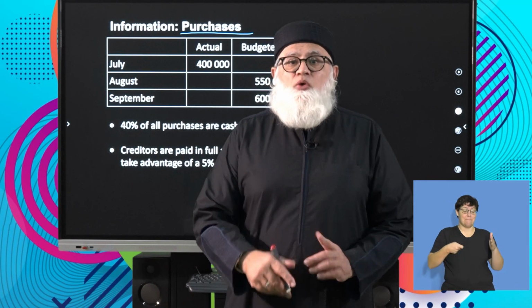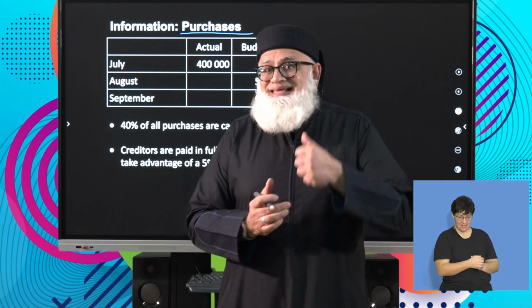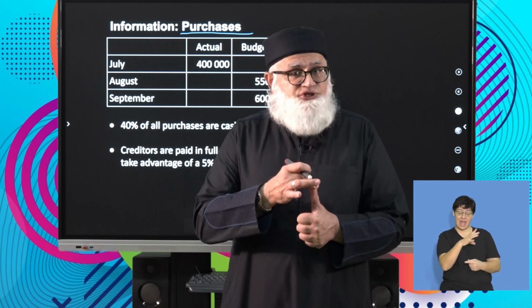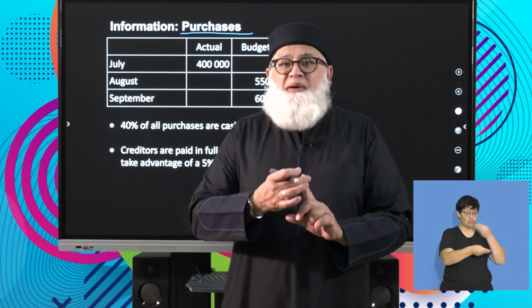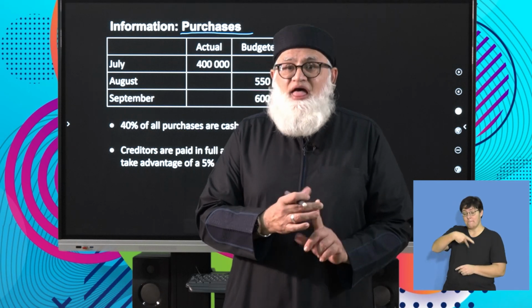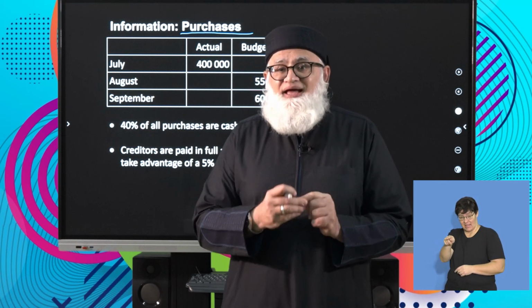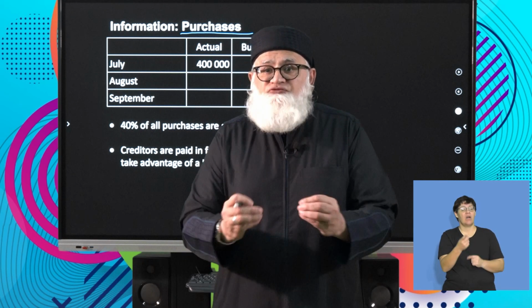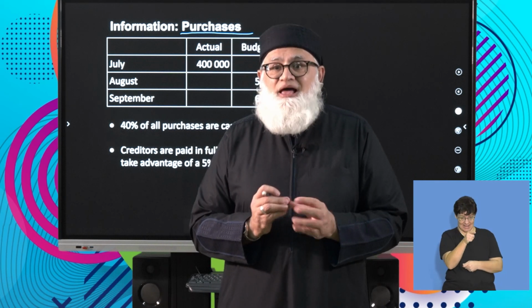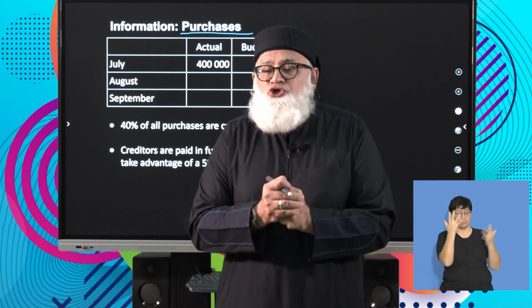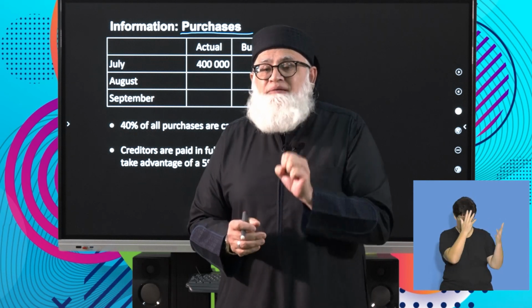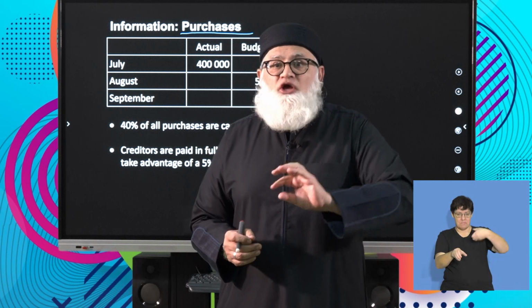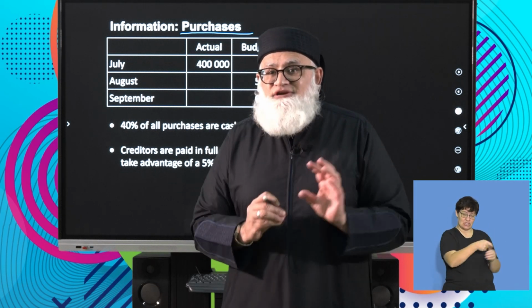But remember, whenever you're calculating either cash purchase of trading stock or payments to creditors, the most important figure you have to calculate is your cost of sales. Once you have calculated your cost of sales, you then break it up into cash purchases and credit purchases.